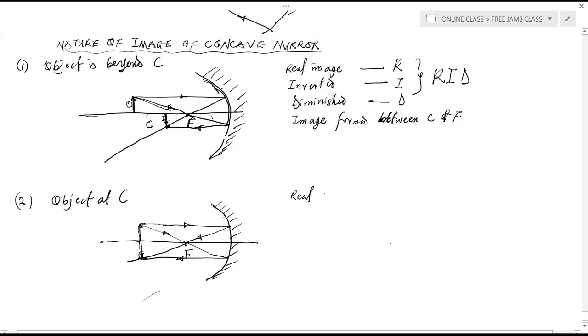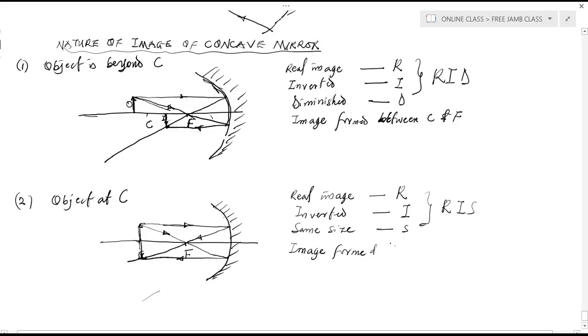The image is real, R again, inverted, I again, but it's the same size. Same size, that's S. So here, image formed at C again.